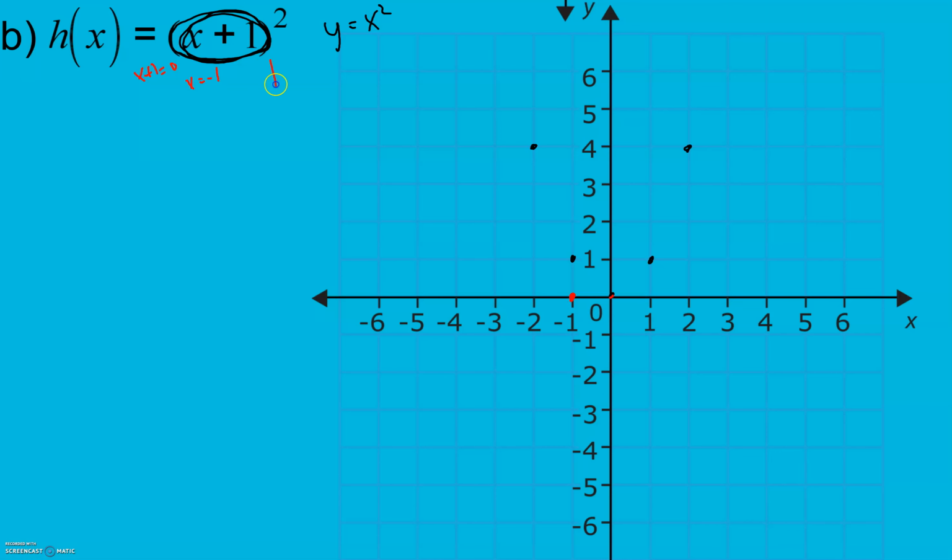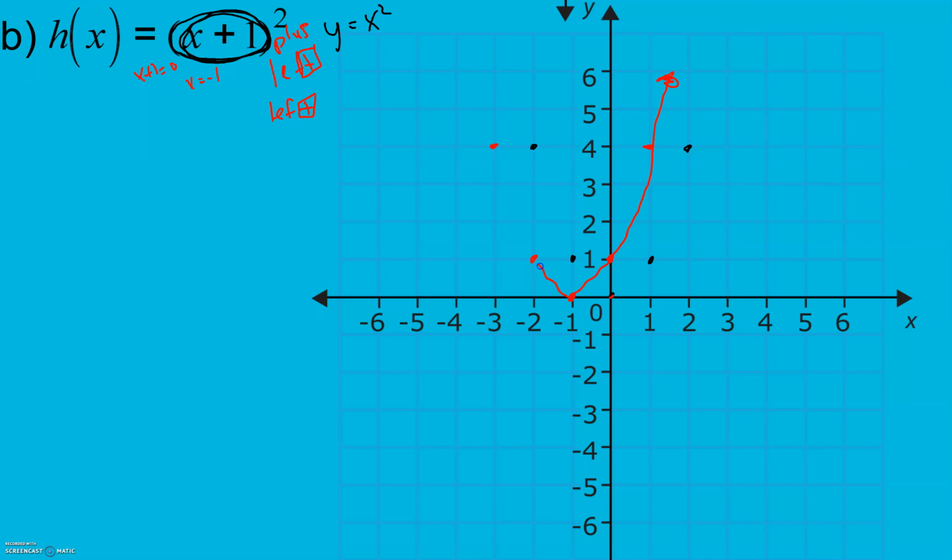Okay, if we're on the inside and we go left because we had a plus. If it's a plus, we go left. Okay, so we're going to go left 1 unit for all of our points. Again, we want our output to stay the same.